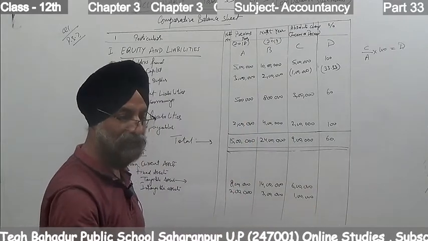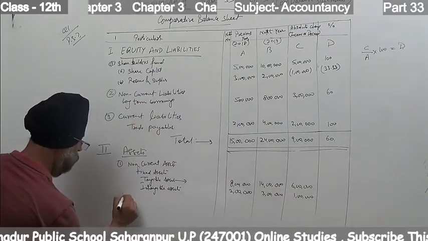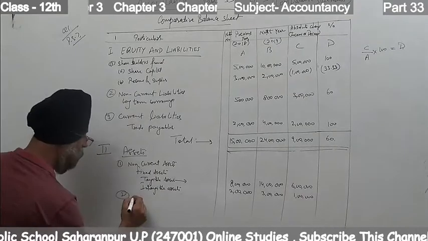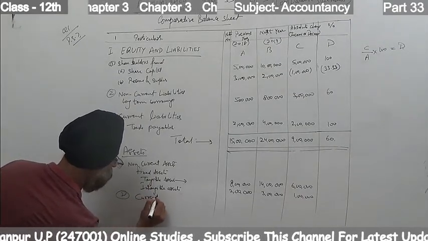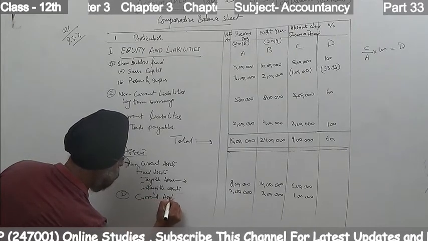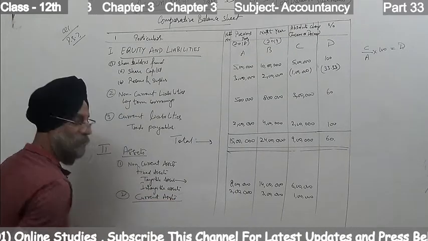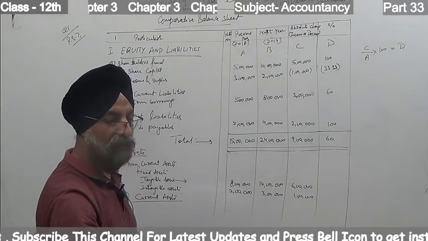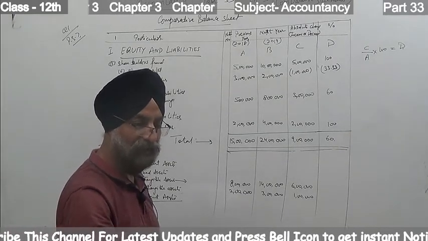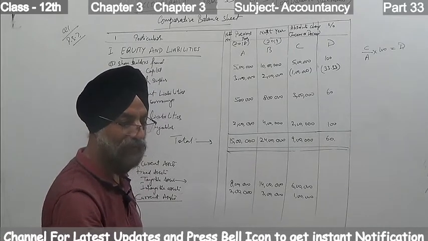Same way, current assets. Now come to the heading current assets. Second part of this asset side, after the non-current assets, is current assets. In this current assets, inventory is given, March 2018, 4 lakh, March 2019, 5 lakh.